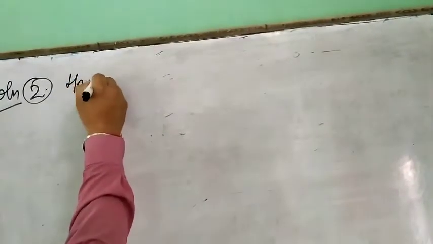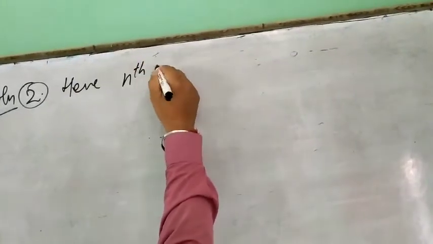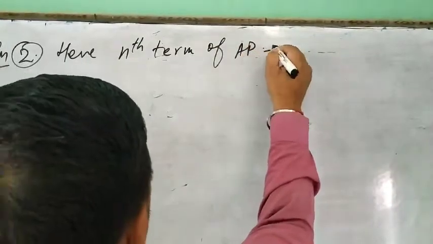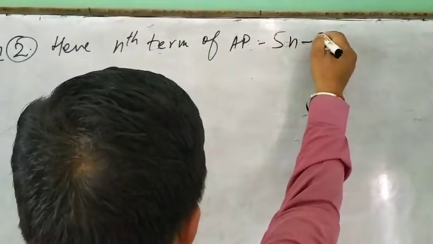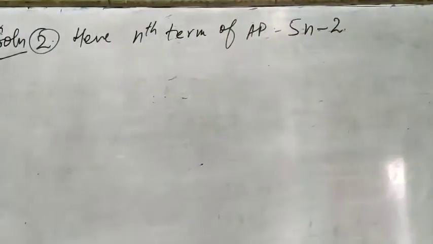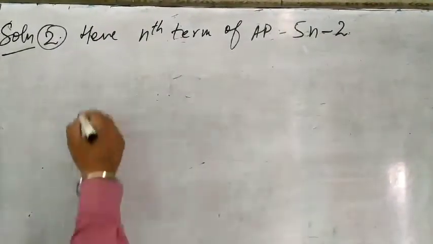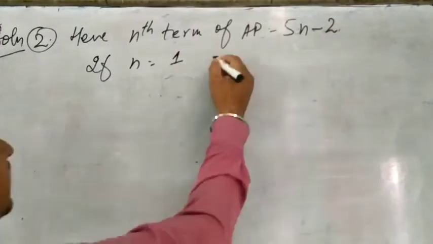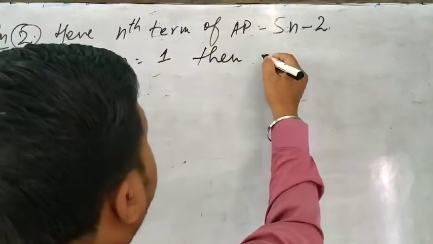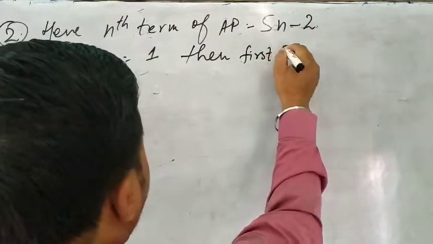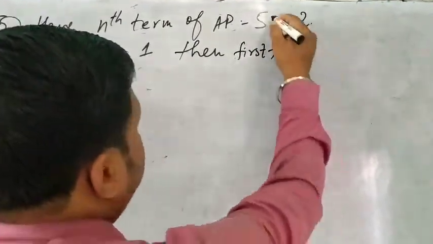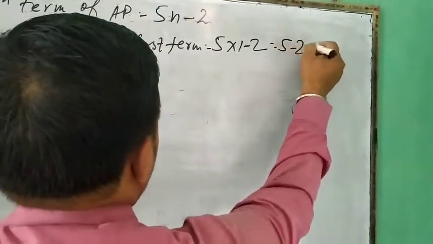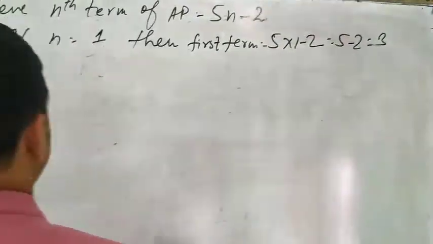Here the nth term of an AP is written as 5n minus 2. So if n equal to 1, then the first term equal to 5 into 1 minus 2, that means 5 minus 2, you got 3.